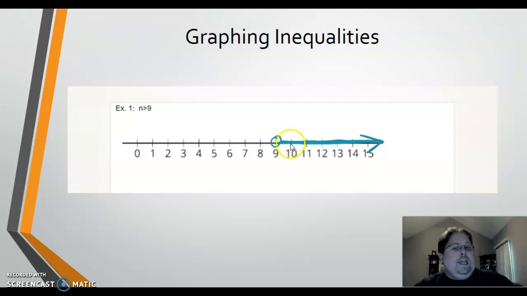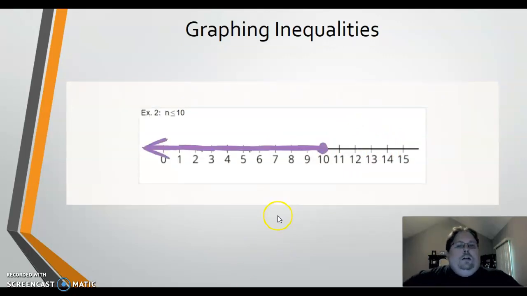Does it make sense that 10 is greater than 9? Yes. So you're going to draw your arrow in that direction. One little hint for which way to draw your arrow: if your variable is on the left side, before the inequality sign, the inequality sign will point in the direction that you need to draw your arrow. If you look at our inequality sign here, it looks like our arrow here.